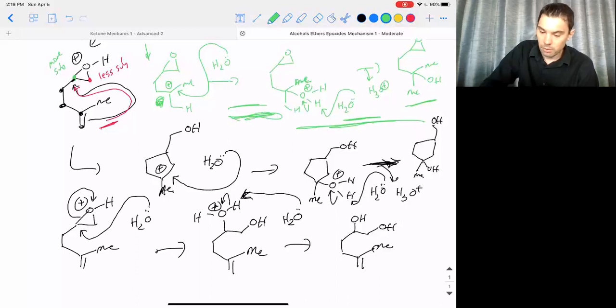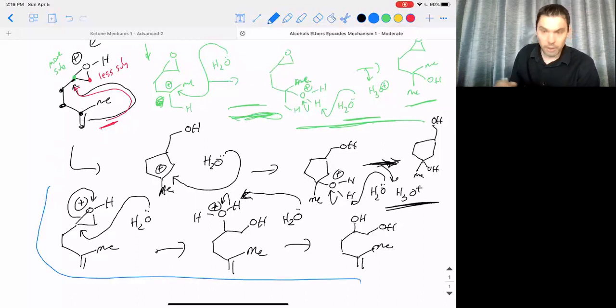Now, some of you might ask, okay, at this stage, I've said that there's a green pathway that we could imagine. There's the desired black pathway that leads us to the product that we're given. And then there's this extra pathway where water does the hydrolysis. And so now we've talked through 3 different possible pathways for this acid catalyzed opening of the epoxide. And I say acid catalyzed, by the way, because you'll notice in all these mechanisms, H3O plus comes back out of the reaction.